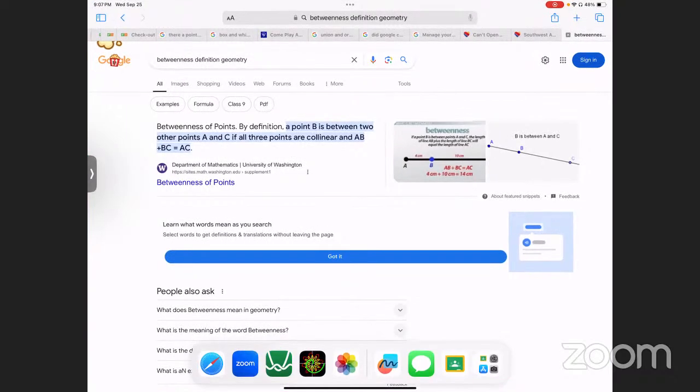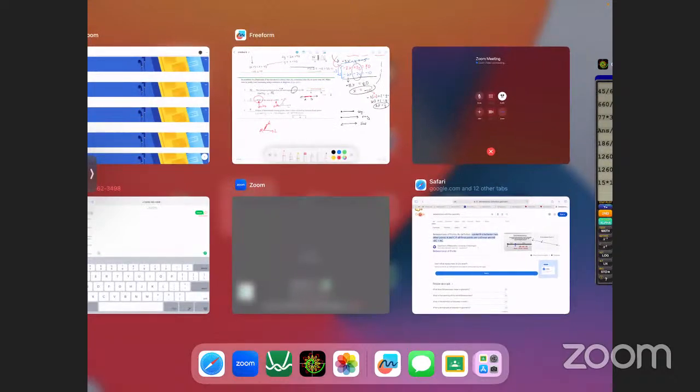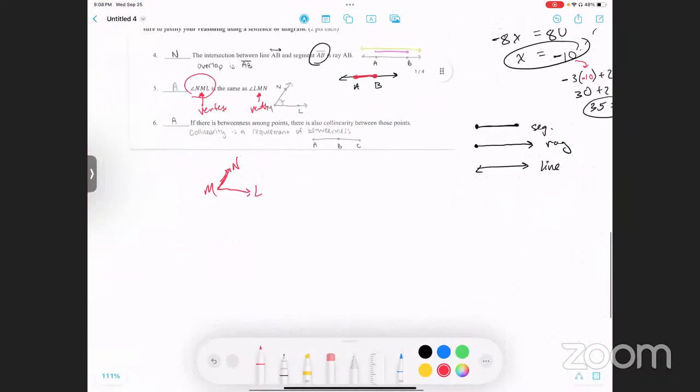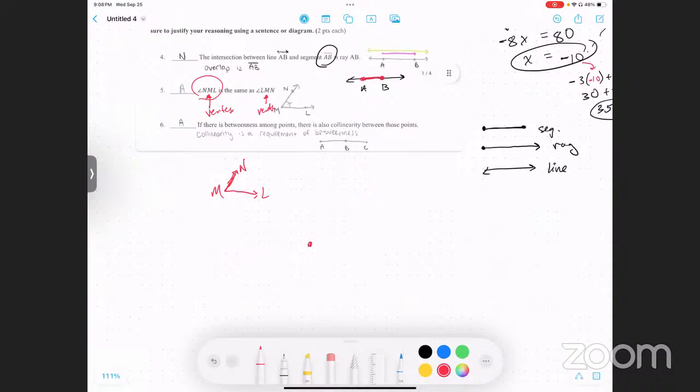The reason I had to ask that question is because the definition of betweenness could have been: here's point A and here's point C, and this is point B. Is point B between A and C? It depends on your definition of betweenness. If you're thinking of point A being like this and point C being like this, then B is between them.